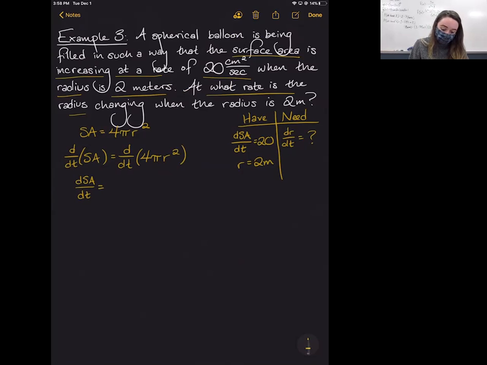And over here, we again have to use the chain rule, like our example from class. So if we take the derivative of the outside, we need to take our exponent, put it out front. I'm just going to go ahead and multiply that 2 times 4 to get 8 pi. Decrease the exponent by 1, so r. And then the derivative of the inside is dr dt.